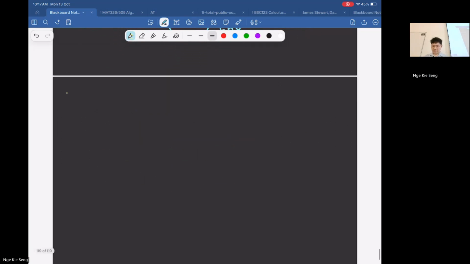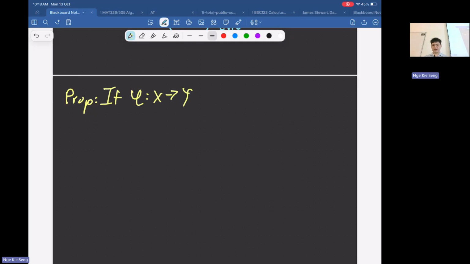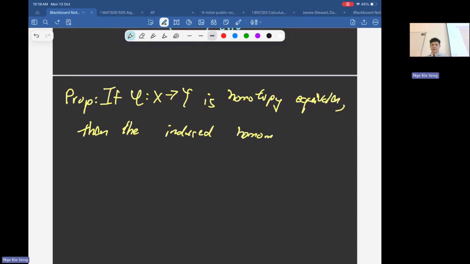Next proposition. Now this is a very important point of homotopy equivalence. If you have a homotopy equivalence, then the induced homomorphism is actually an isomorphism.